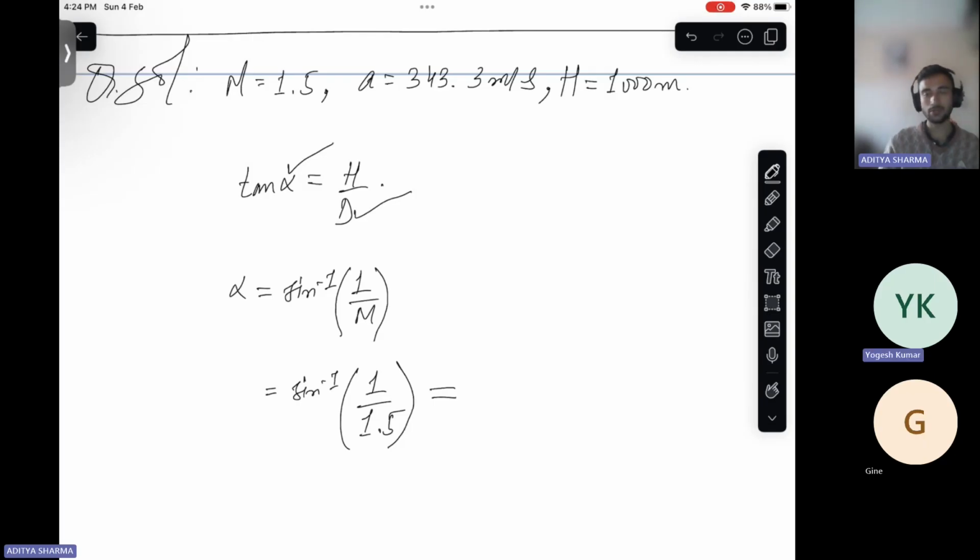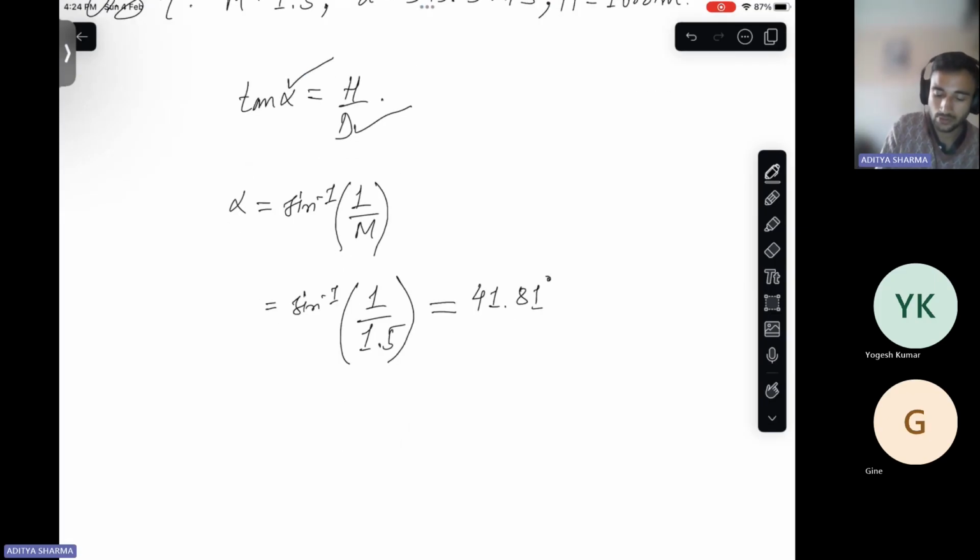And what is Genie getting? Yes, 41.8. Right. 41.81 is right. I have also worked this out.